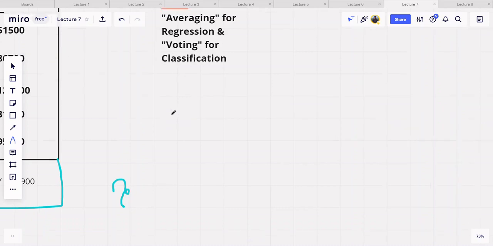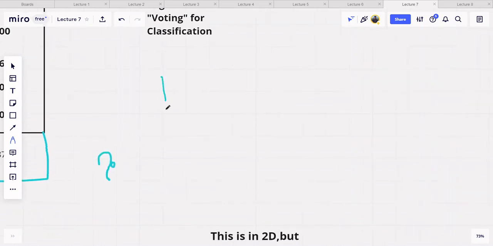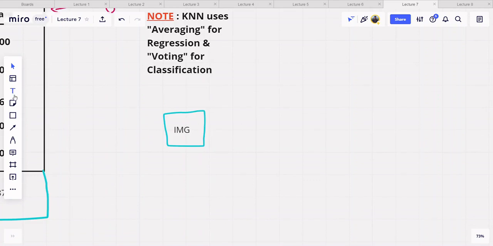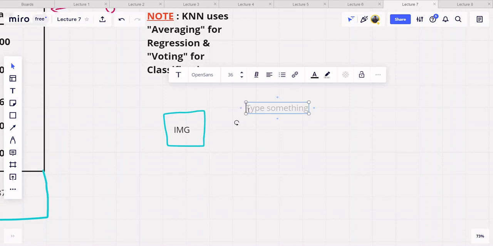Let's say that this is an image. Let me also write here. Let's say that this is our image, and let's say that we trained multiple models to predict what this image is.